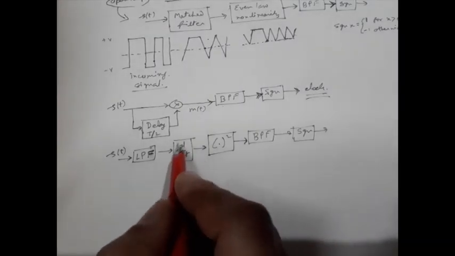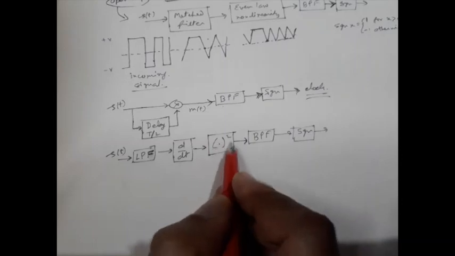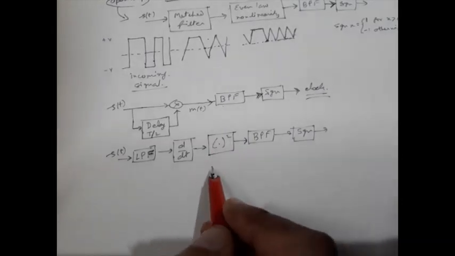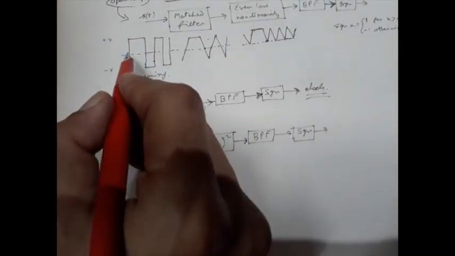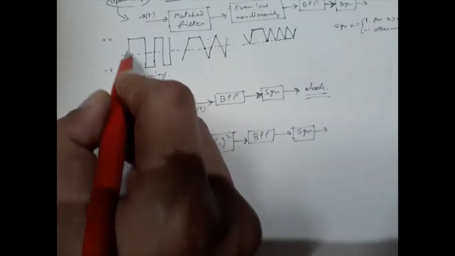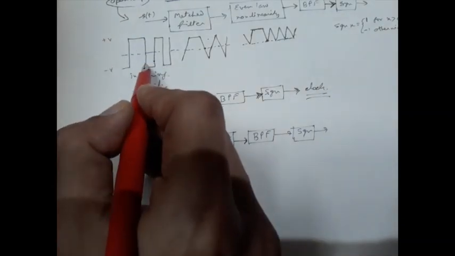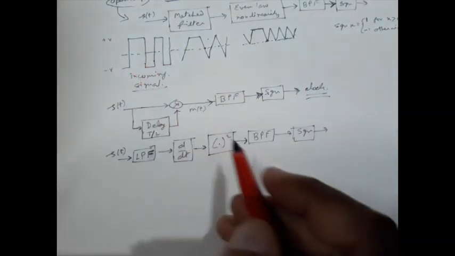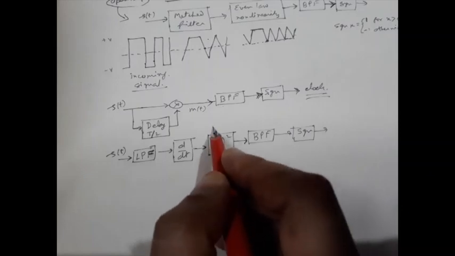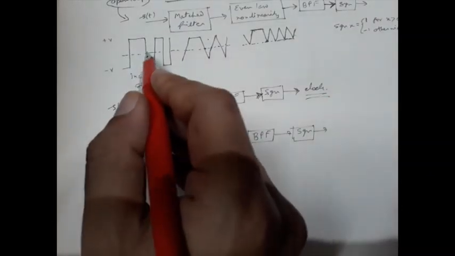These spikes will pass through this square law device, that is a rectifier. So for example, if we have a positive spike here, we have a negative spike here, right? So this square law device will convert all these spikes into the positive direction.